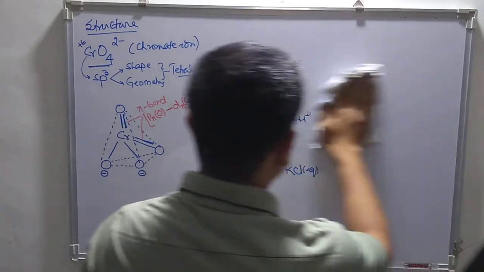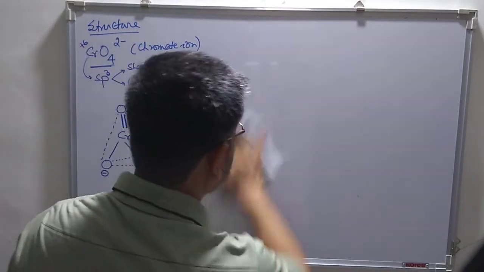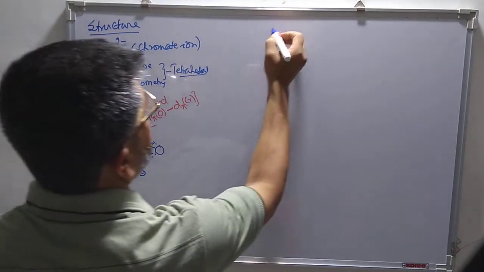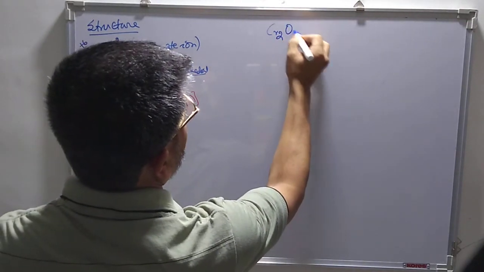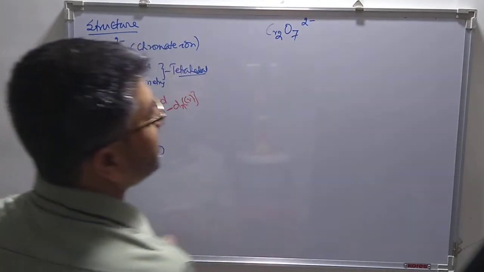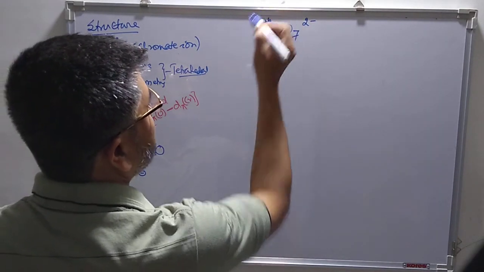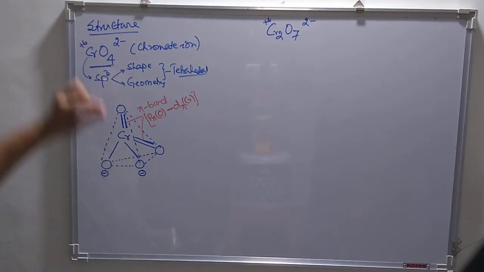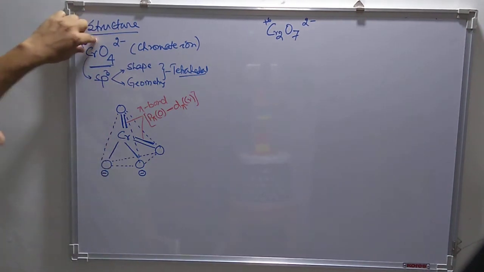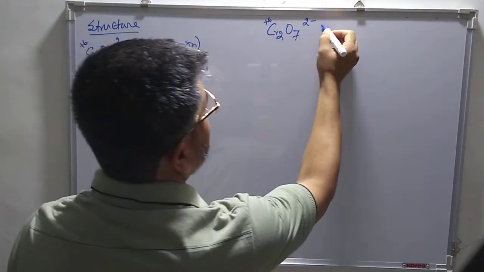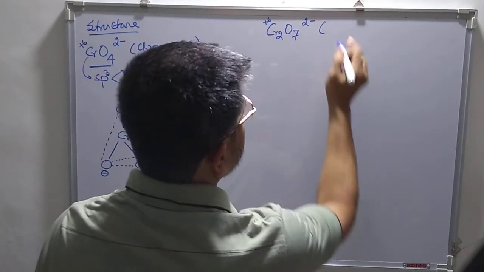Now coming to the structure of the dichromate anion, Cr2O7 2 minus. In this dichromate, again chromium is in the +6 oxidation state. So both chromate ion and dichromate have the +6 oxidation state.